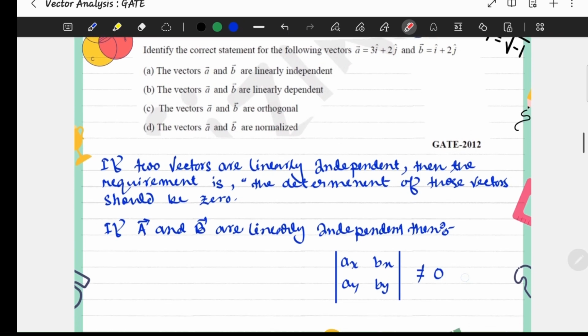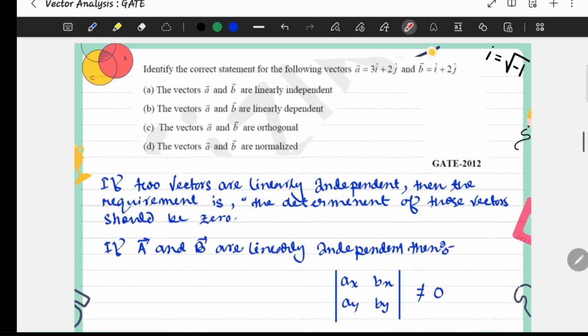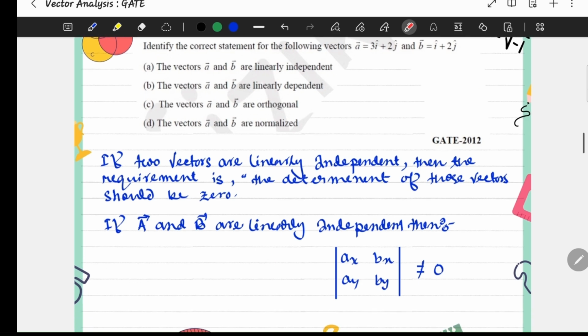Okay. So now, next question is identify the correct statement for the following vectors A and B. Are the vectors A, B linearly independent, linearly dependent, orthogonal, normalized? So see, first one is linearly independent. If we write the vector as a column, suppose this is the A vector, the x component is ax and y component is ay.